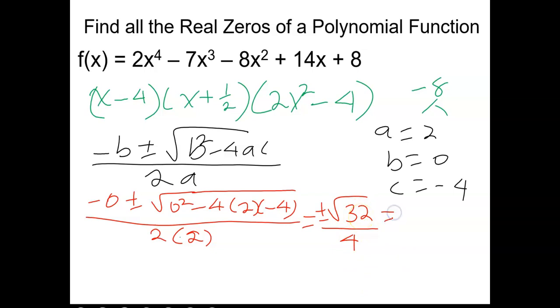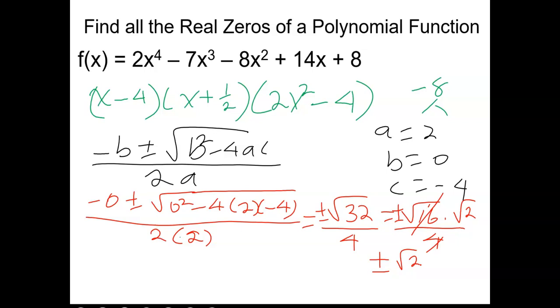Square root of 16 times square root of 2 will give us square root of 32. 16 is a perfect square, so that will become 4. So 4 divided by 4 is 1. So we just have plus or minus square root of 2.